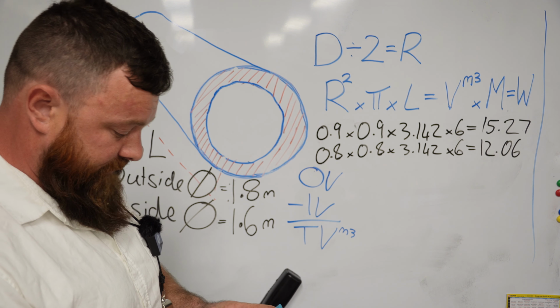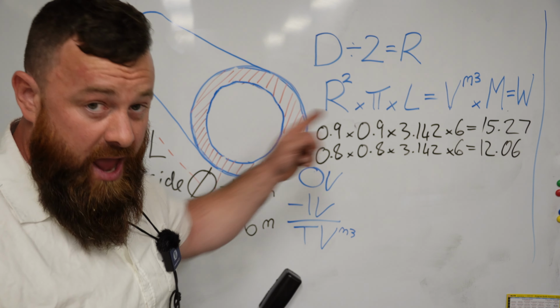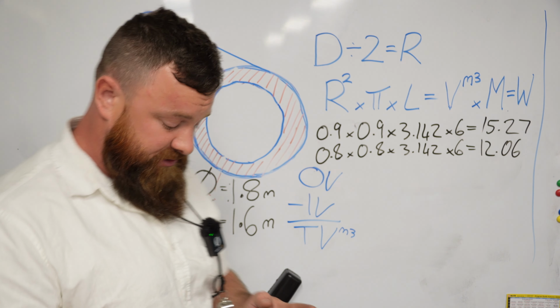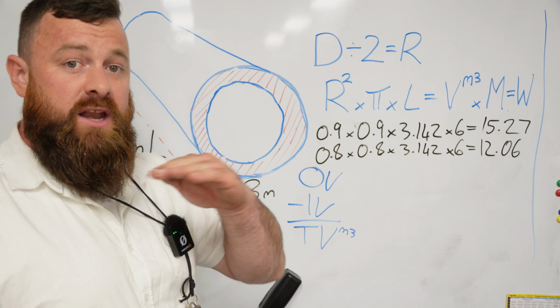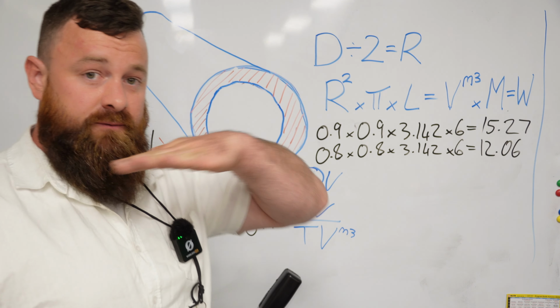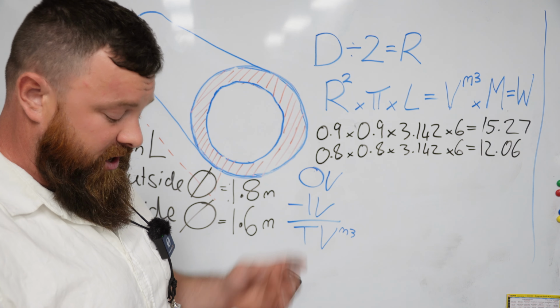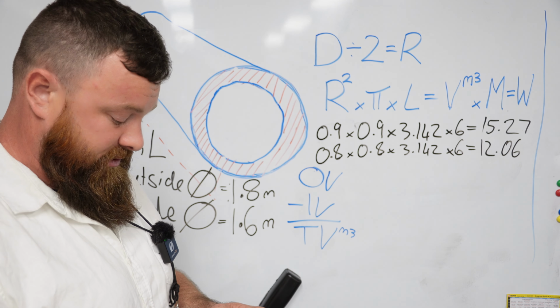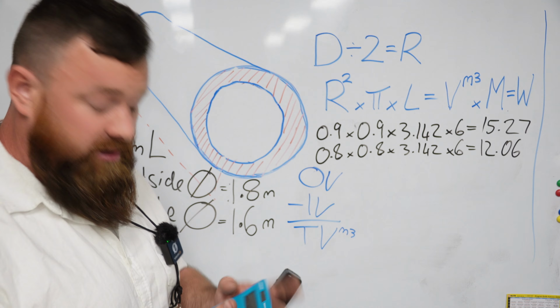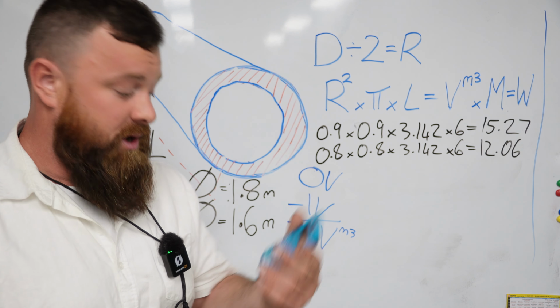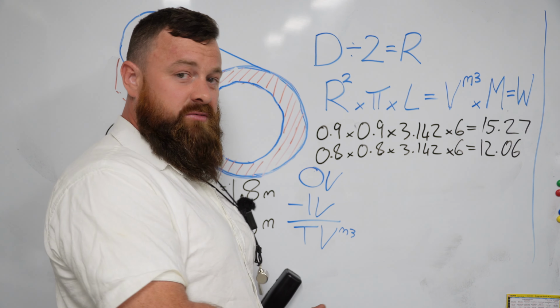I'm going to go 15.27, our outside volume, going to subtract, that is minus the flat line. So 15.27 subtract 12.06, and we're going to get 3.21. That's pretty cool, 321.